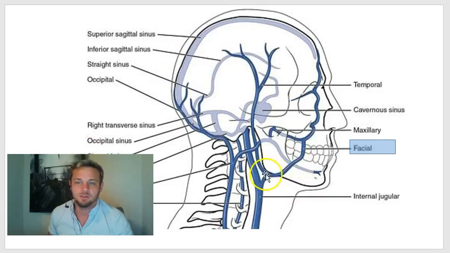If you remember, the facial on your arteries ran right here by this ramus to give blood to the face. The facial vein is doing the opposite, removing blood from the face. And then here again is your maxillary, draining the blood from the maxillary region. And your temporal, draining blood from the temporal region, and that goes down again into that internal jugular.